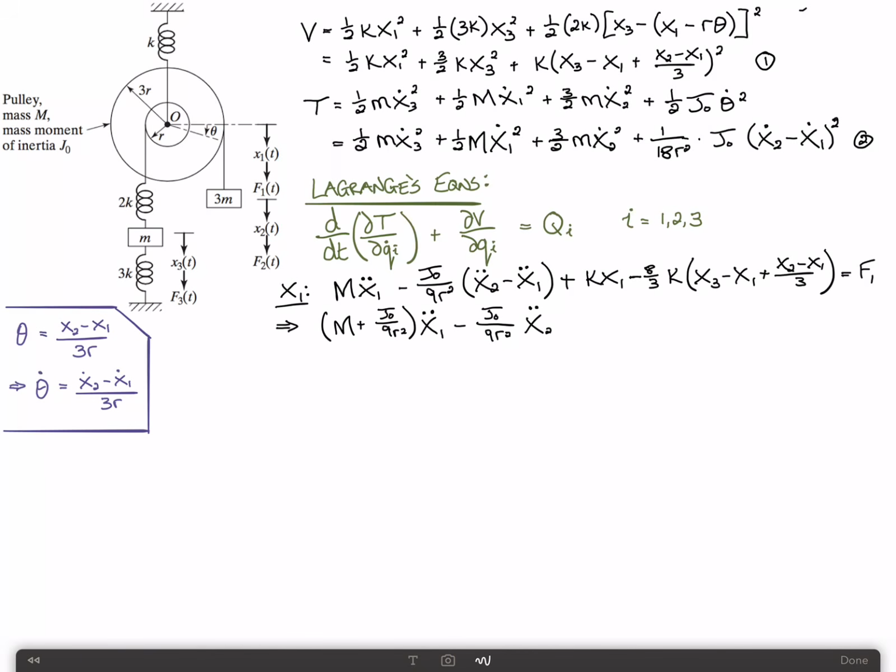And now let me collect the x1 coefficients, and that gives me 1 plus 8/3, minus, or plus 8/9. So that would give me 1 plus 8/3 plus 8/9. That is 41 over 9.